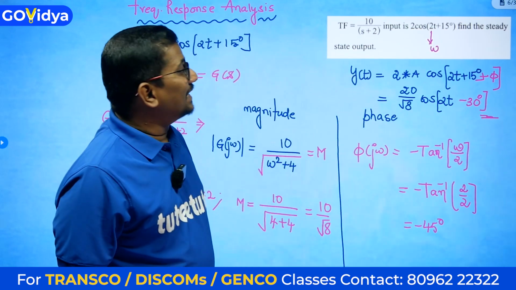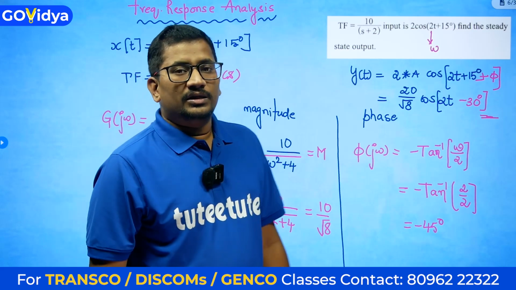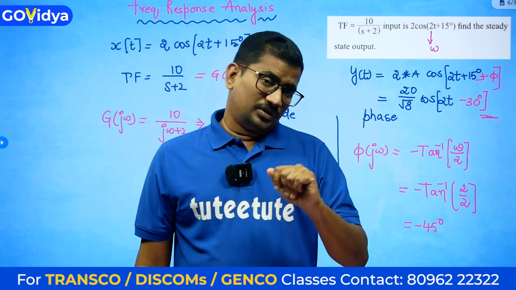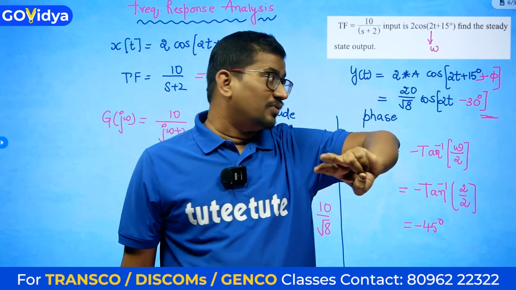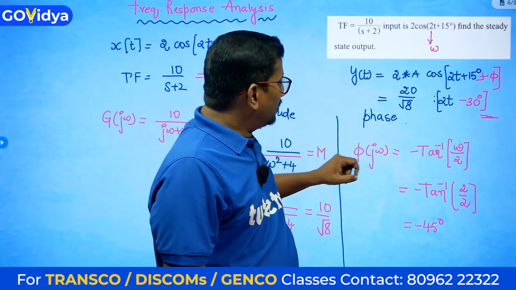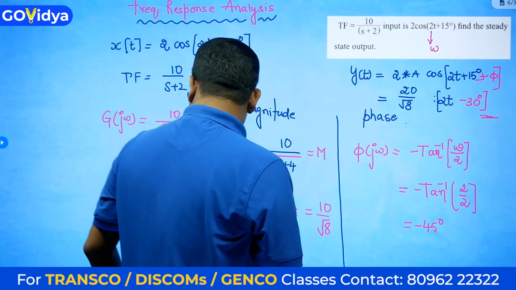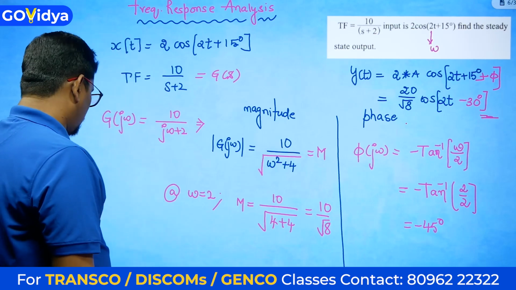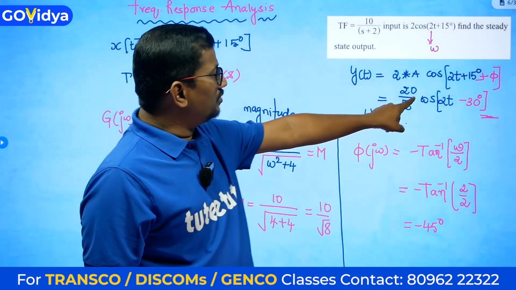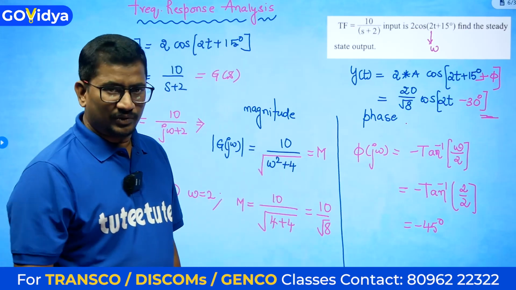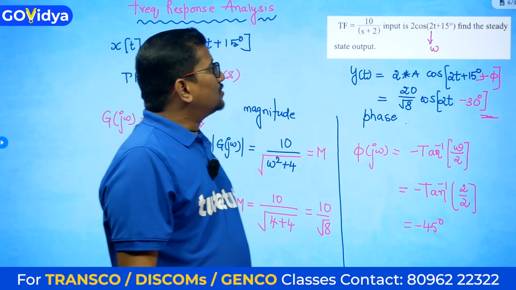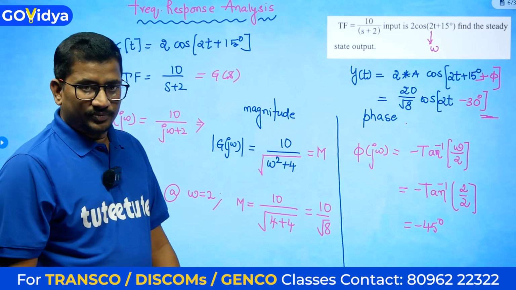This is the steady state output. For which input? Sinusoidal input. So for a sinusoidal input at steady state, you are going to observe a change in magnitude and a change in phase. These are the only two things we are going to observe. Okay? So please note down this question.